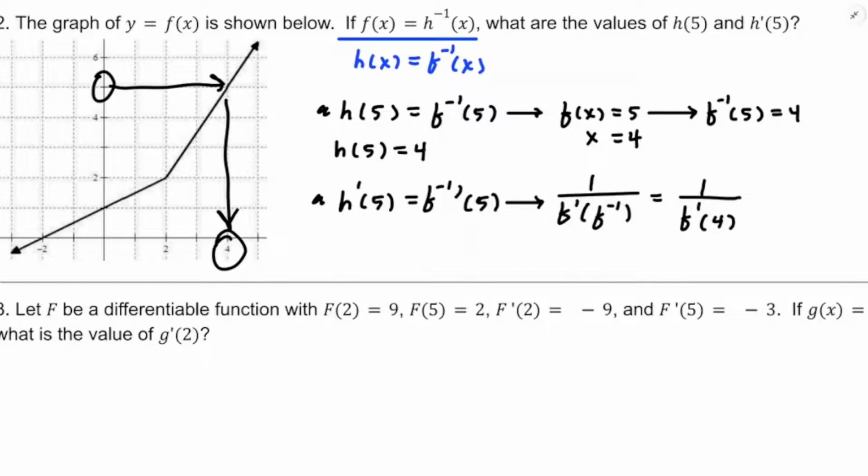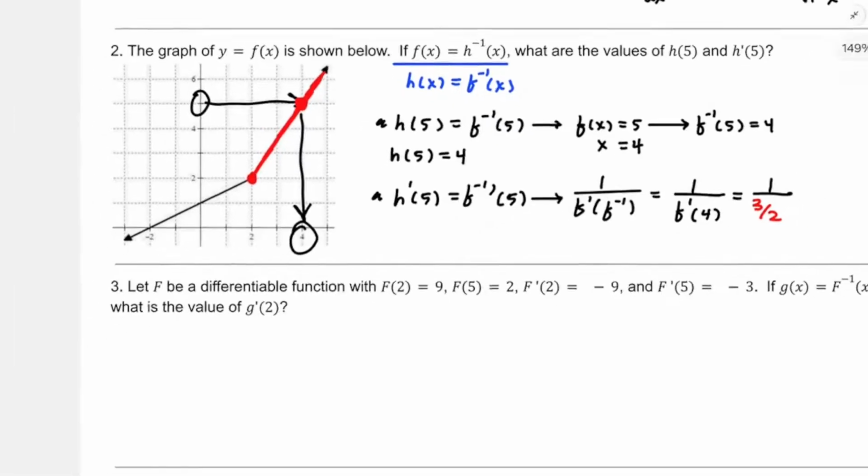Now I need to think about what is the slope of this line right here. At x equals 4 on the graph, f prime of 4, that's the slope there. It's looking like I'm going up 3 when I go over 2, so that's going to be 3 halves. 1 over 3 halves. That's a safe place to stop. You could also call that 2/3.